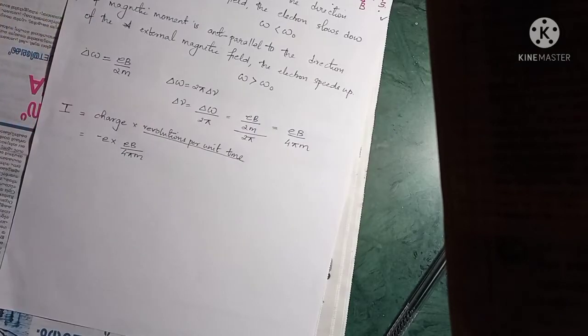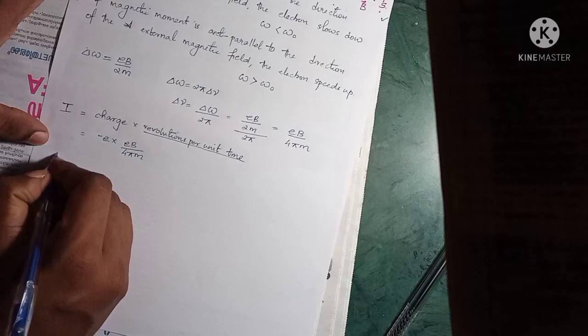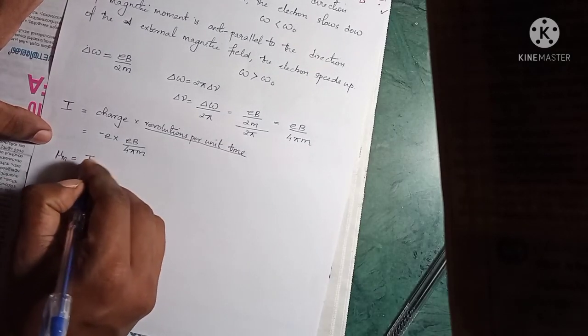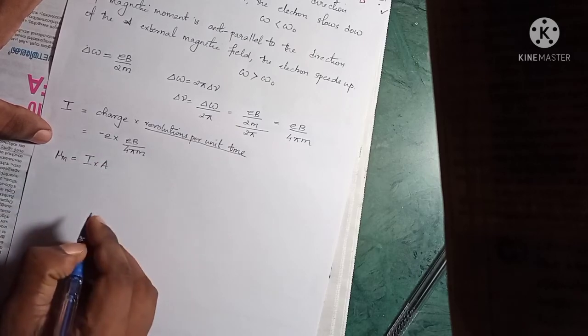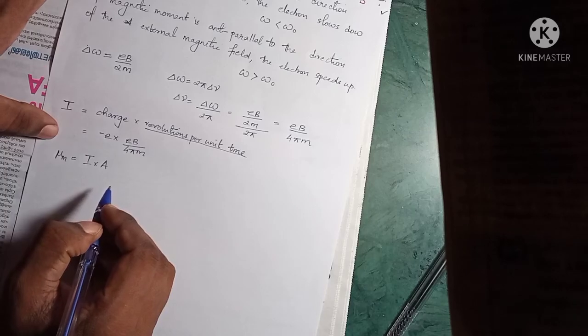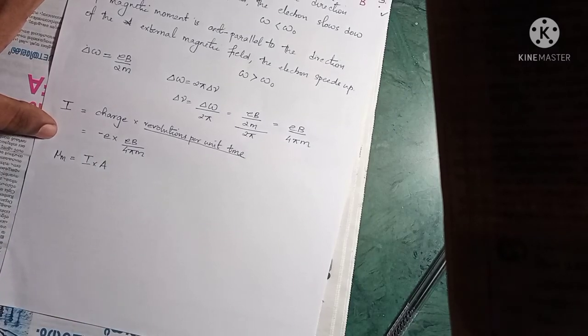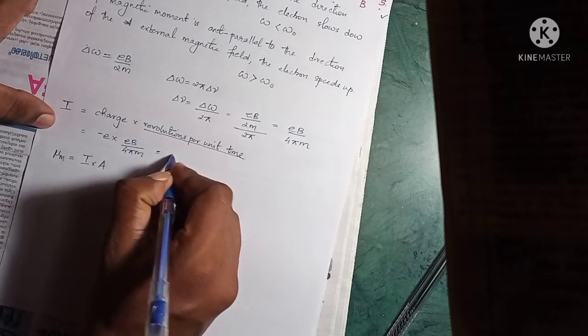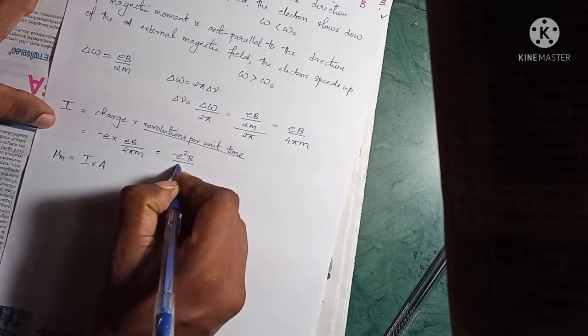Due to this additional current, there is an additional change in magnetic moment. We know that the magnetic moment of the electron is given by I times A, where I is the current and A is the area of the circular orbit, and I is minus e squared B upon 4 pi m.